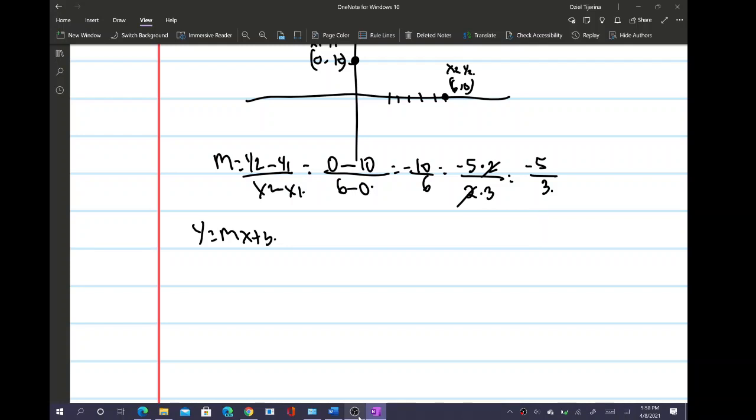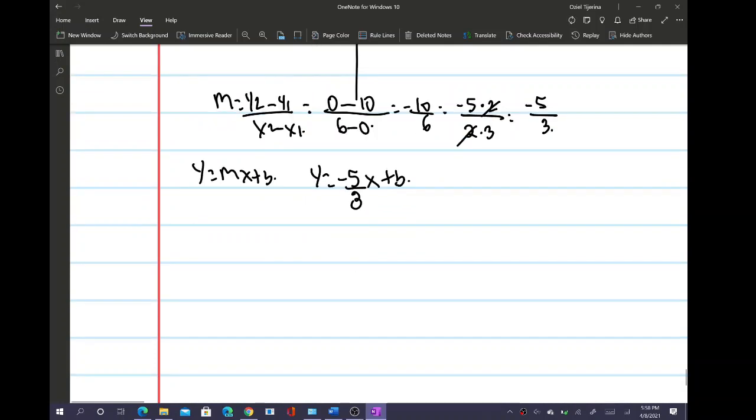So what you do is you're going to put y equals negative 5/3 x plus b. So then we don't know what our b value is, right? We're not sure.